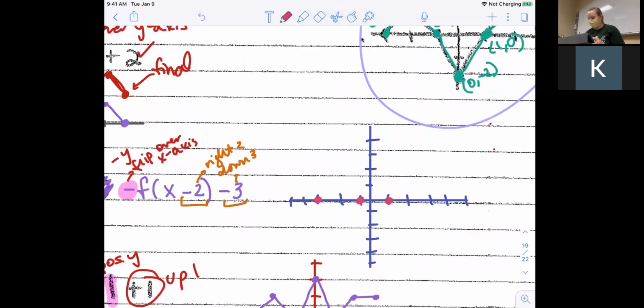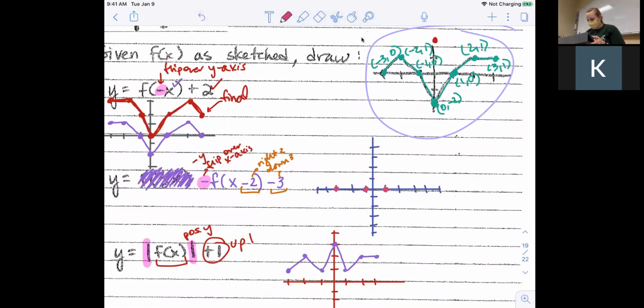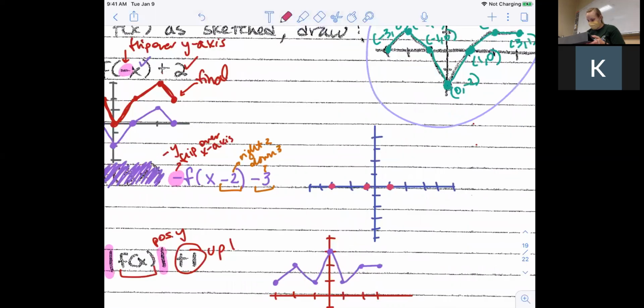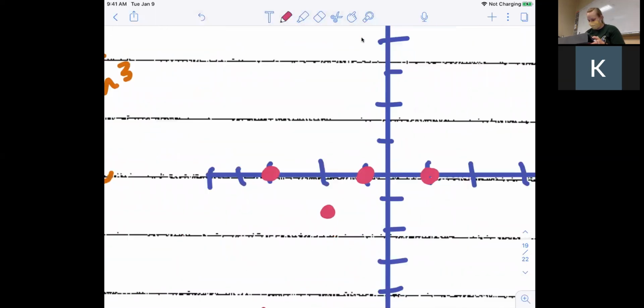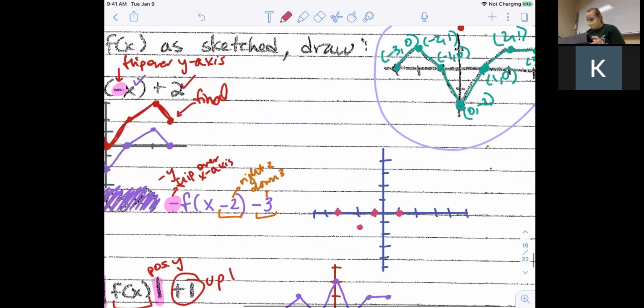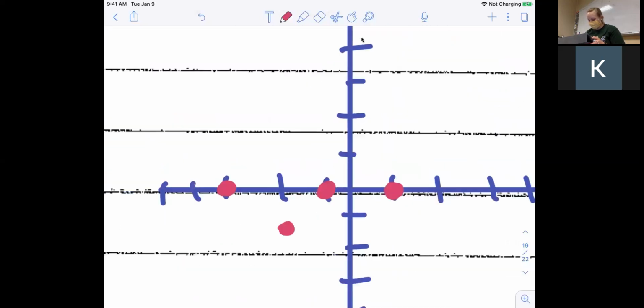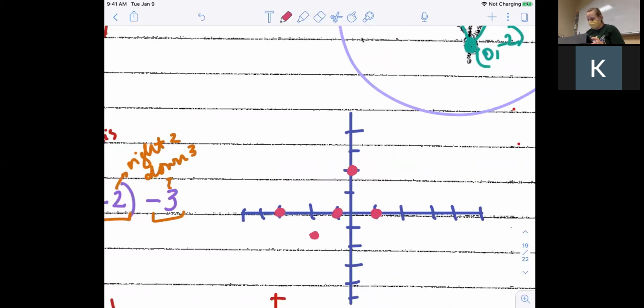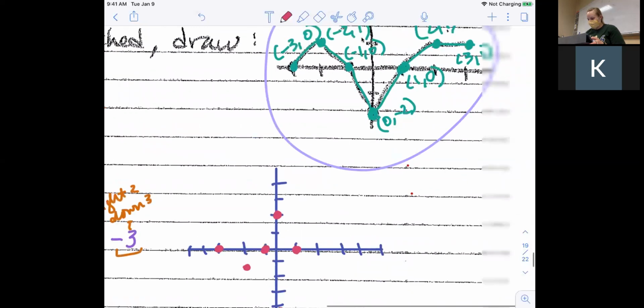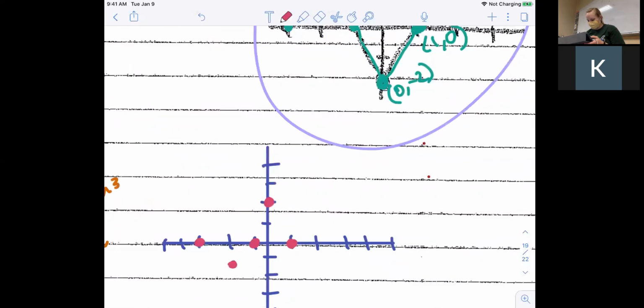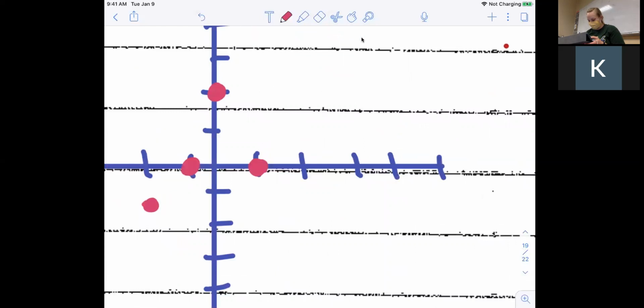Everything else has to go across the x-axis. So negative 2, 1 becomes negative 2, negative 1. 0, negative 2 becomes 0, positive 2. 2, 1, and 3, 1 become 2, negative 1, and 3, negative 1.